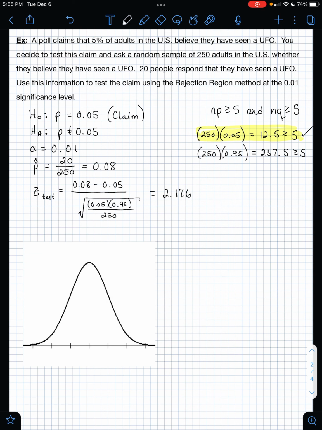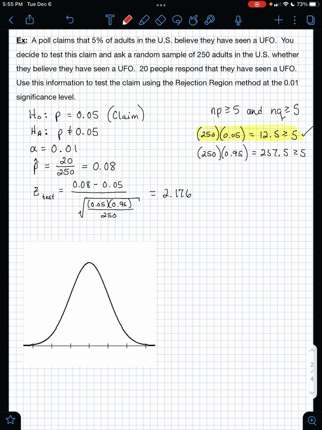Okay, now, we are told this is a rejection region test. So we're doing the rejection region, and that means we have to find the critical value. So the alpha is 0.01, and because the H sub a is p is not equal to 0.05, we're looking at a two-tail test.